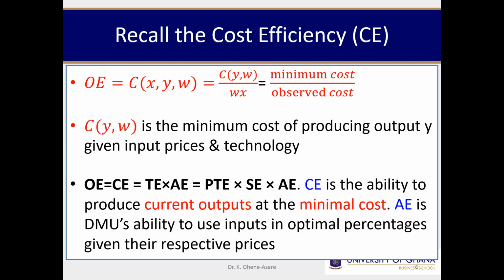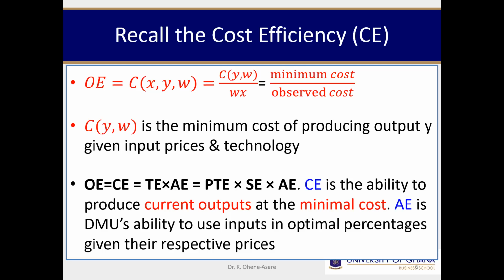Every input you are having, you sometimes combine the inputs. Take, for example, a lecturer for a university. The university is a DMU. The lecturer and the computer. So the university has given a computer to the lecturer, one lecturer to one computer. Now, are they able to produce graduates using the two inputs of lecturer and computer? You have to use the inputs in optimal percentages.